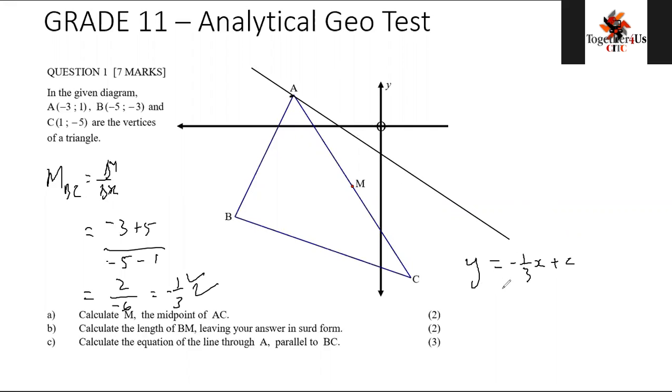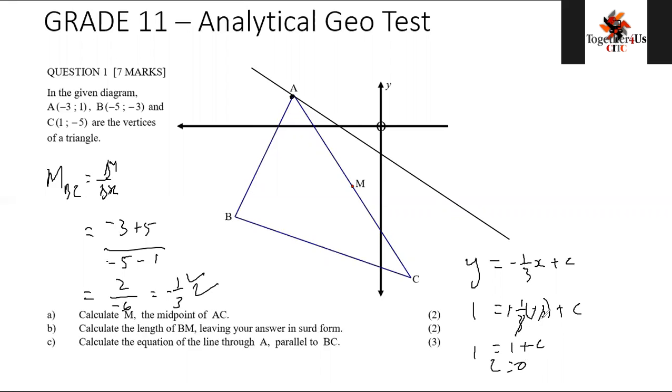So I've got to verify. I must substitute point A because that's the only point I know passes on this line. Point A has the coordinates -3 and 1. So 1 equals -1 over 3 into x, there is -3, plus c. The negative deals with the -3, and deals with the 3. Then I've got 1 equals 1 plus c, which means c is 0.